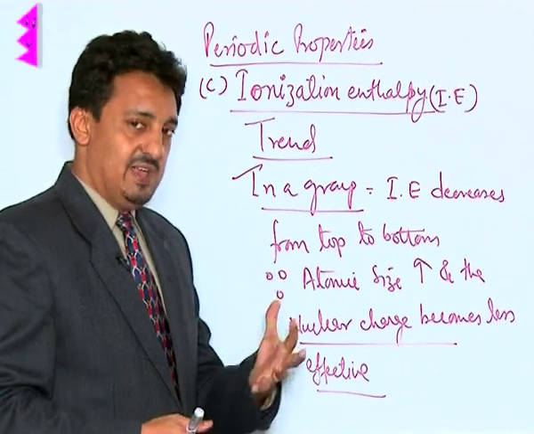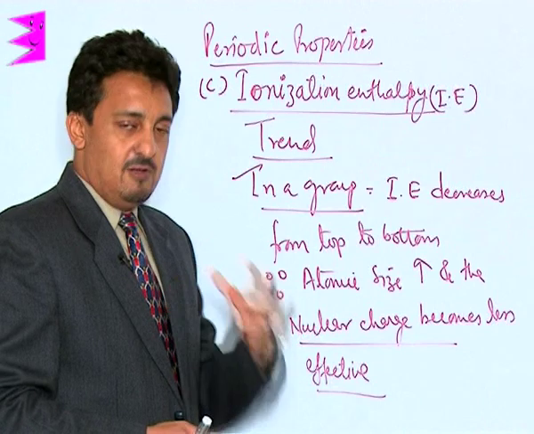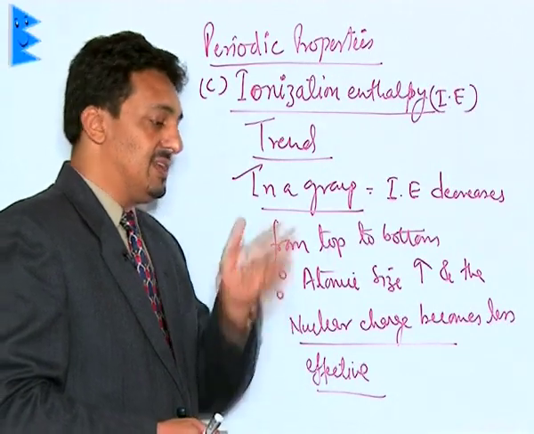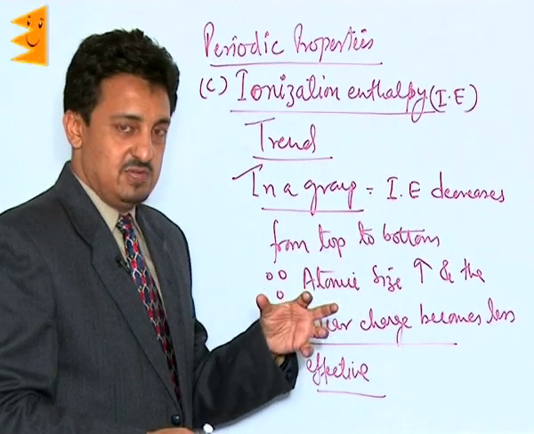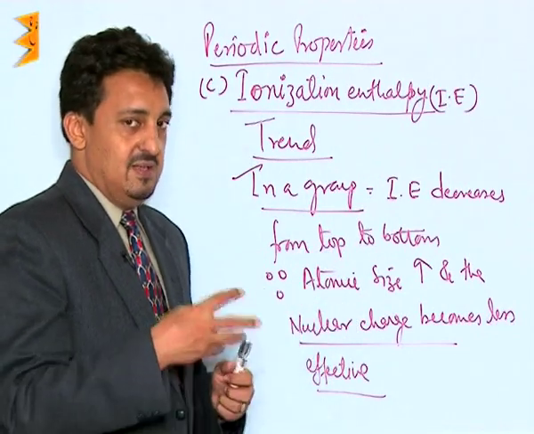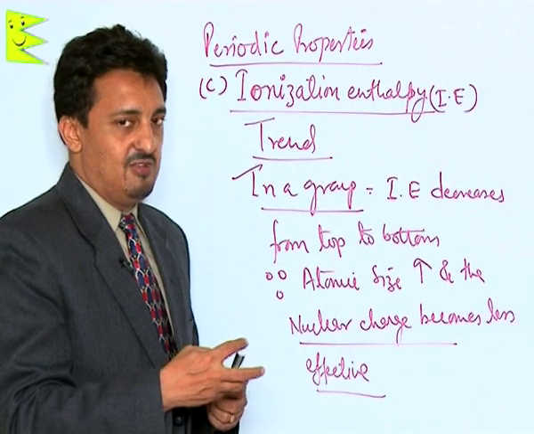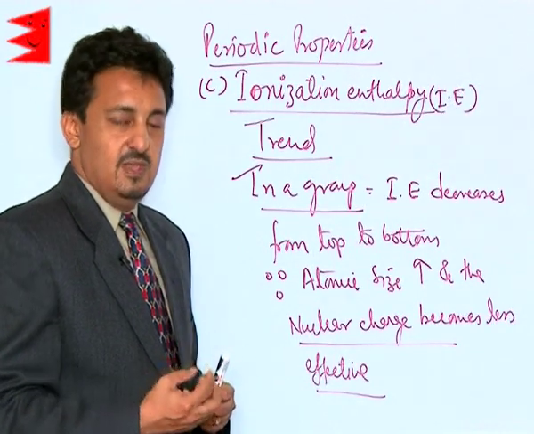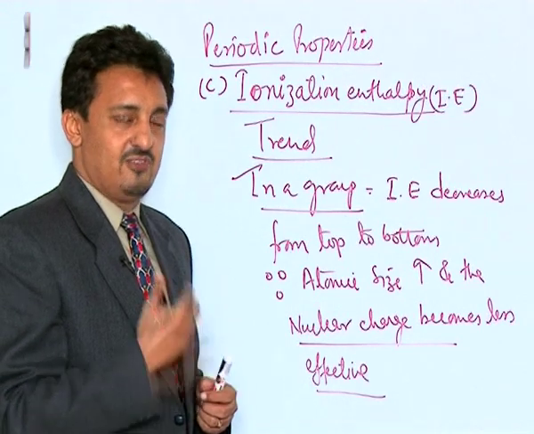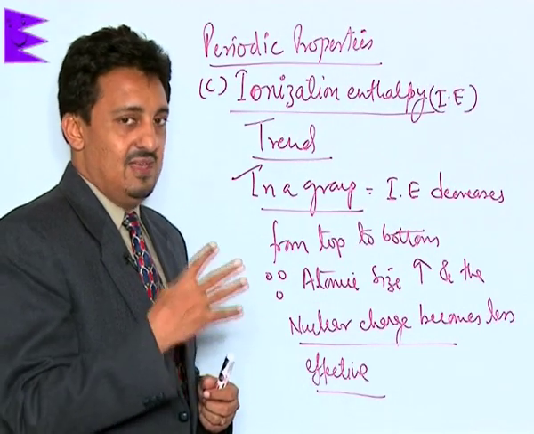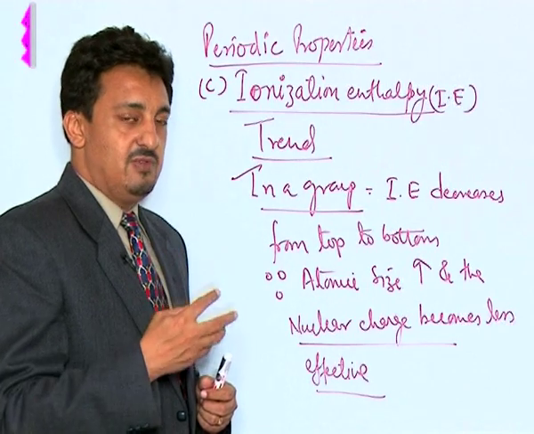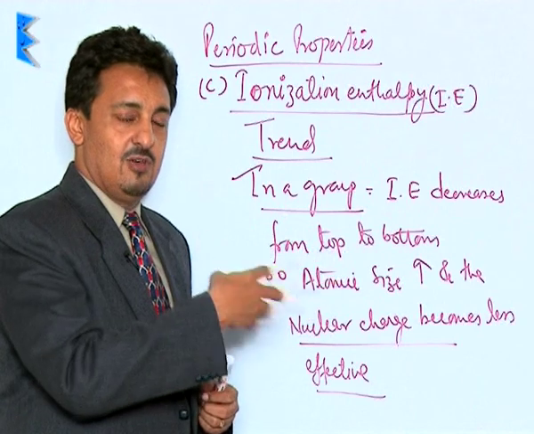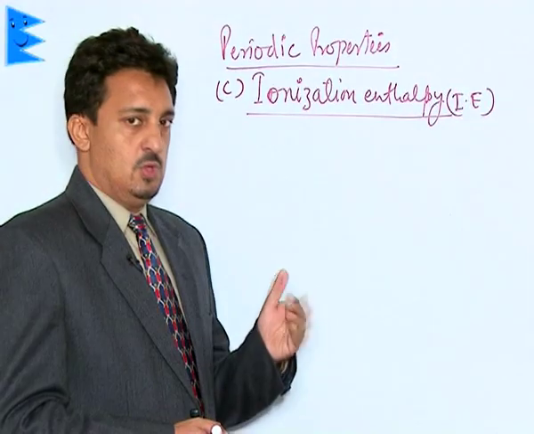Whenever the valence electrons are poorly screened, they are directly under the influence of the nucleus, and as a result the nuclear pull on those valence electrons becomes higher, and it becomes difficult to take out those electrons. That's why they show higher ionization enthalpies. But all these are studies which we will do in detail when we do these blocks separately in your inorganic chapters.